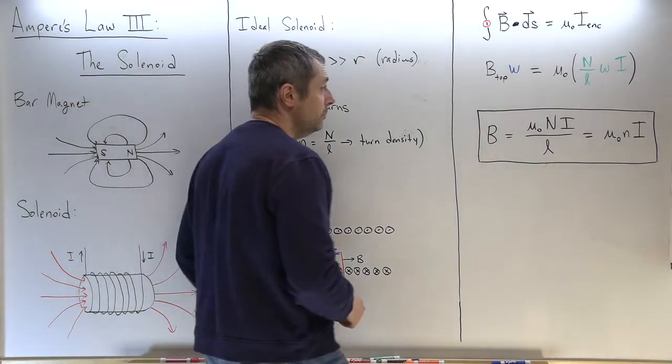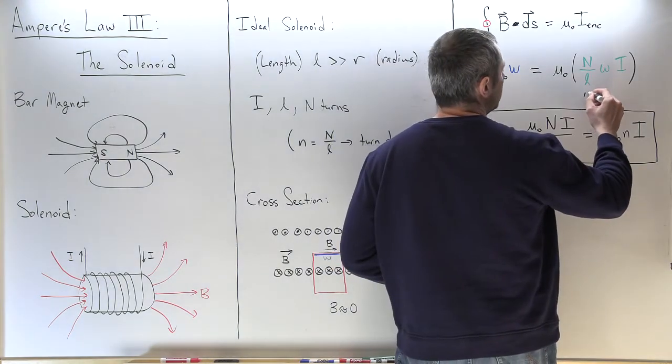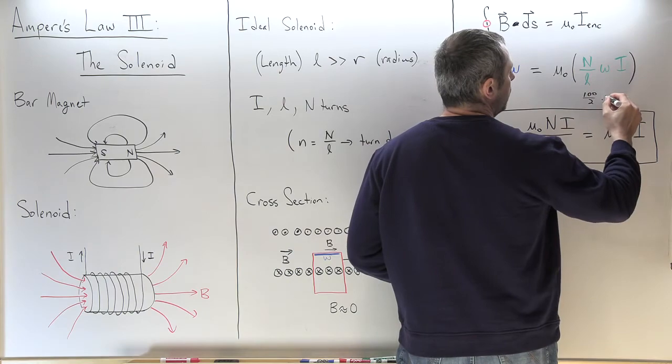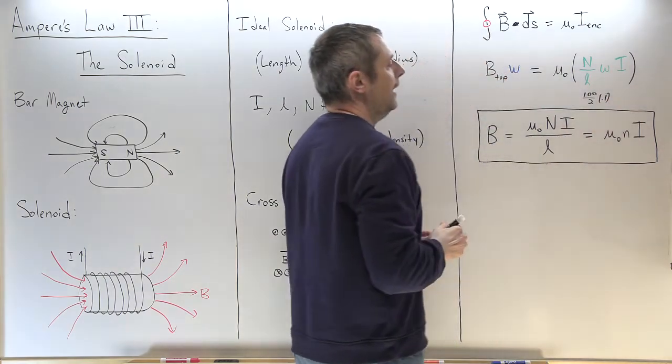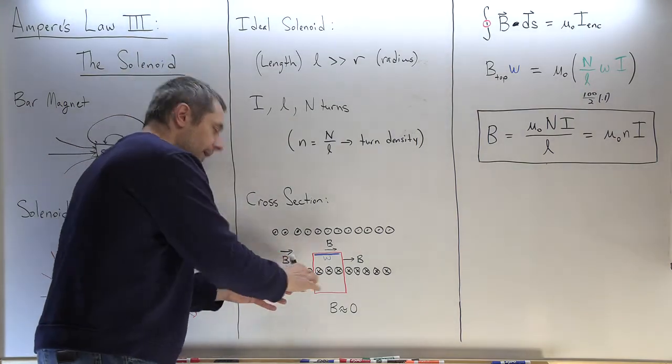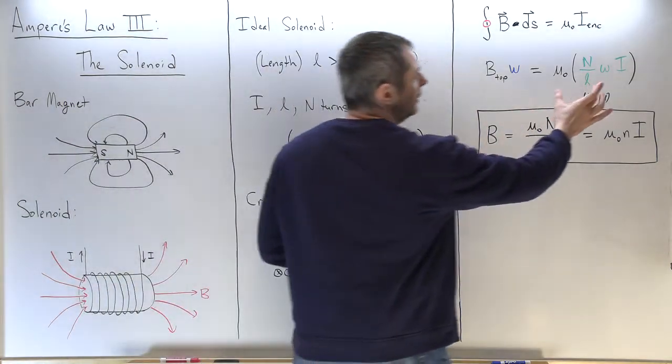As a numerical example, let's suppose we had 100 turns in 2 meters, and our Amperian loop was 0.1 meters. Then we would have 5 wires coming into there. So that's basically how these 2 terms work.